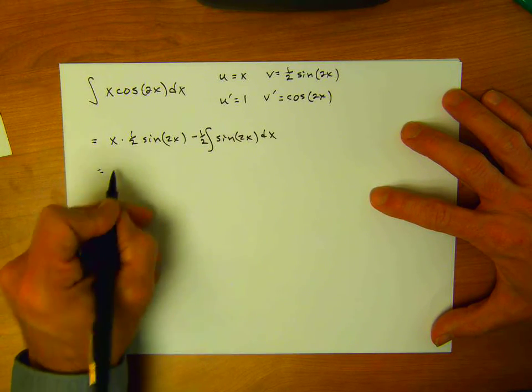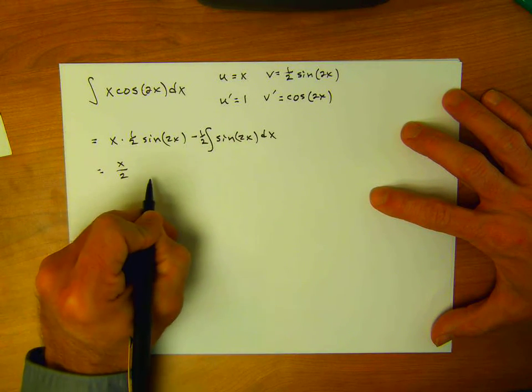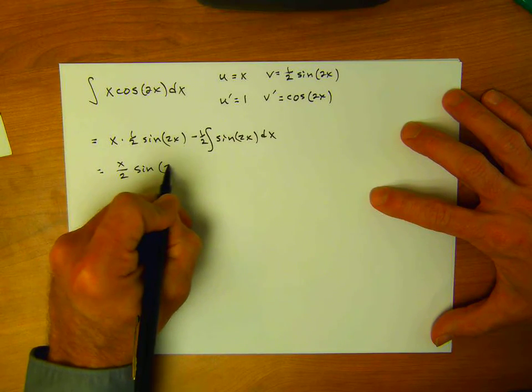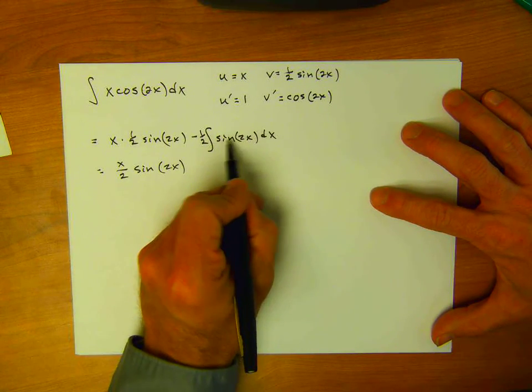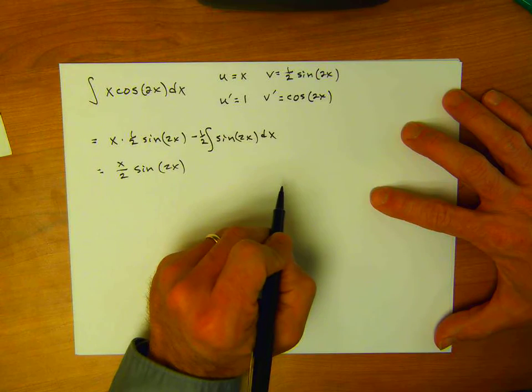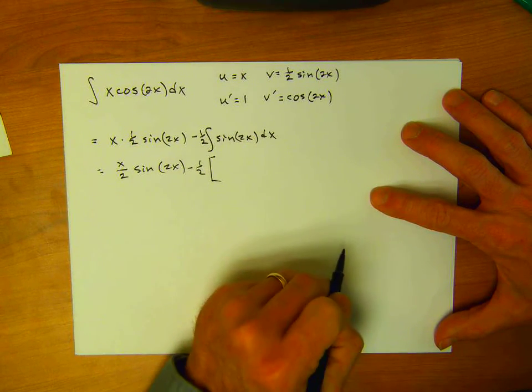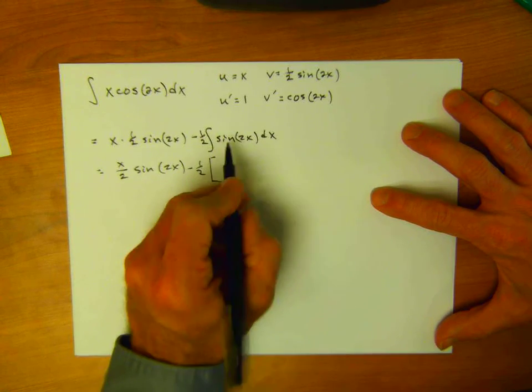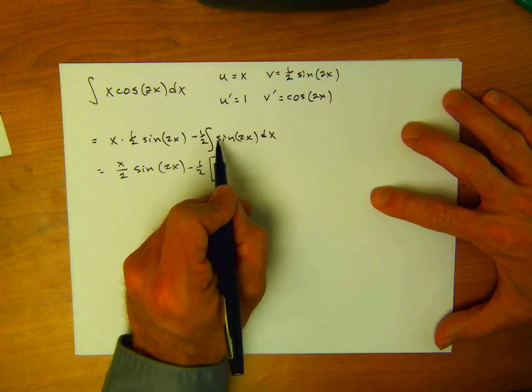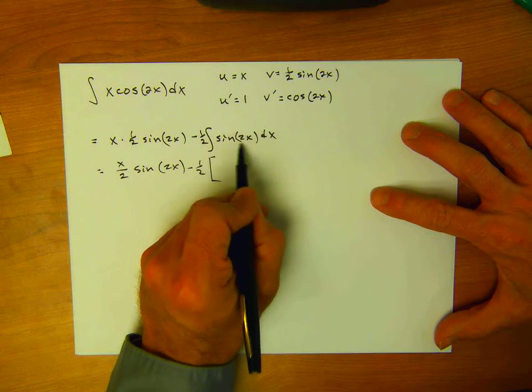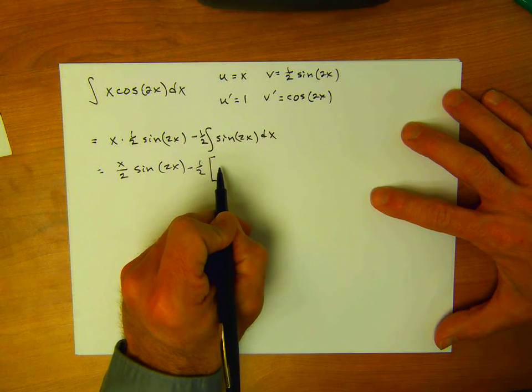So let's simplify here. x times 1/2 is just x, we could write that as x over 2 sine of 2x. The antiderivative of sine of 2x, well, let's see, 1/2 times that antiderivative. The derivative of negative cosine is sine, and because I have this 2x, I have to divide by 1/2.